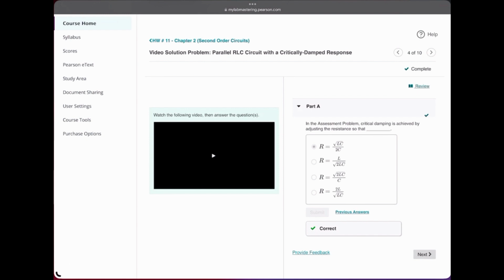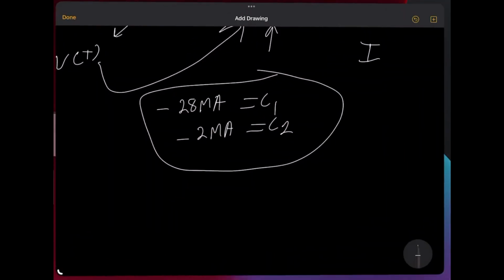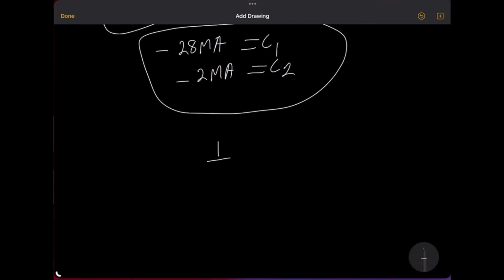And define critically damped as we found by solving. If we're adjusting for resistance, you would set them equal to each other and solve for R, because critically damped is when they're equal to each other. 1 over 2RC is equal to 1 over root LC.